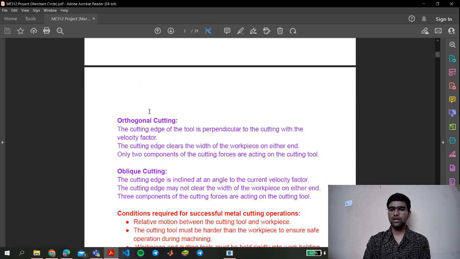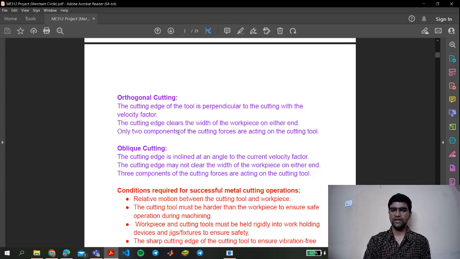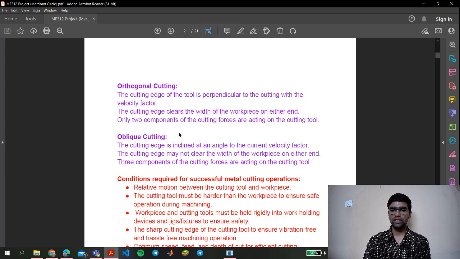In orthogonal cutting, the tool is perpendicular to the cutting velocity and the cutting edge clears the width of the workpiece on either end. Only two components of cutting forces are in action on the cutting tool. While in oblique cutting, the cutting edge is inclined at some angle to the cutting velocity vector. The cutting edge may not clear the width of the workpiece in that case.